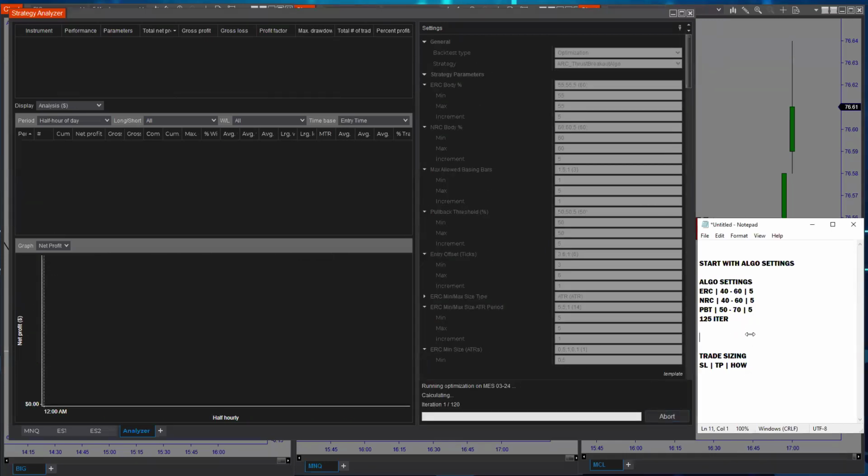So our notes on this one, what do we have? Max basings. And that number is 1 to 5. We're going by ones. Entry offset. We're going 3 to 6 by 1. And we're going to put MES on here too, so we know.